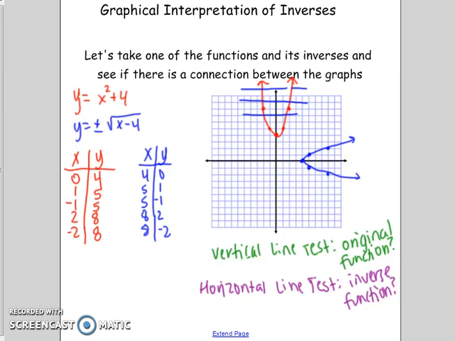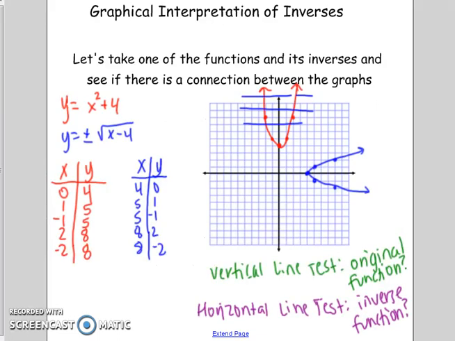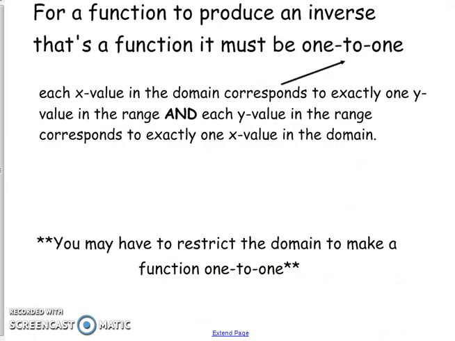Now, there's a thing called a one-to-one function. For a function to produce an inverse that's also a function, it must be one-to-one. So, for example, this one, clearly, the inverse is not a function, so this is not a one-to-one. But I can make this become a one-to-one function. A one-to-one means that the x's and the y's are both not repeating.